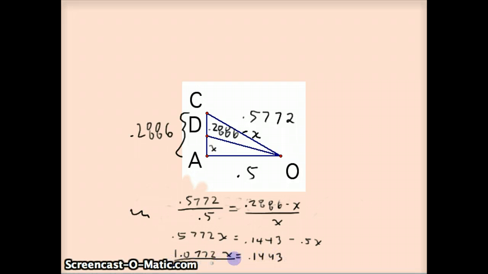And then finally, when you divide both sides by 1.0772, you get an answer of x equals 0.1339 approximately. And that's the length of AD.